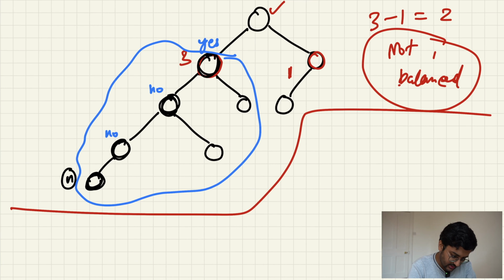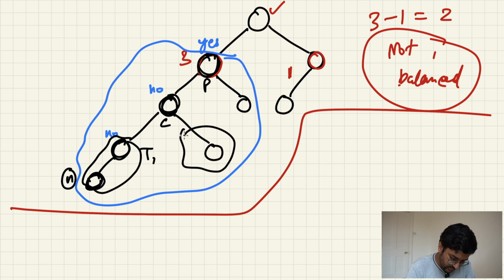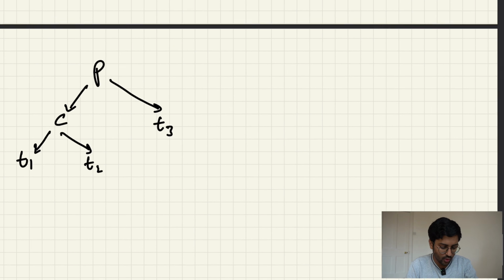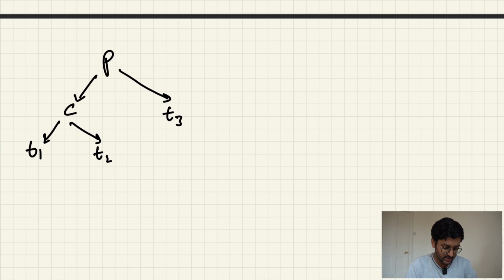In the bottom one, this will be equal to P, this will be equal to child, this will be equal to tree 1, this will be equal to tree 2, and this will be equal to T3. Make sense? So only two operations you can perform. Parent, child, T1, T2, T3. I showed you in the real world example how this is going to be related, so you can check that out.